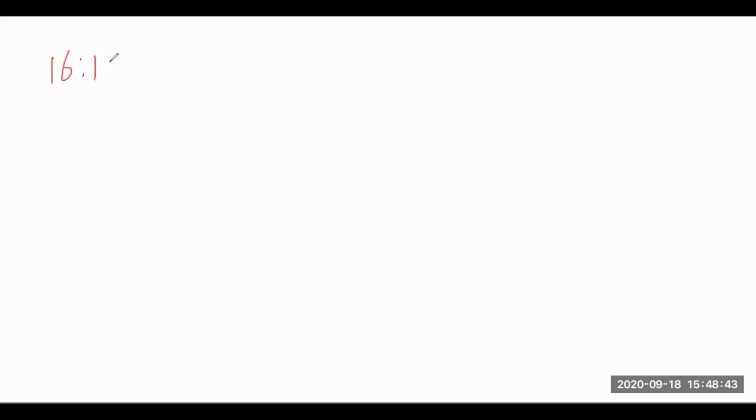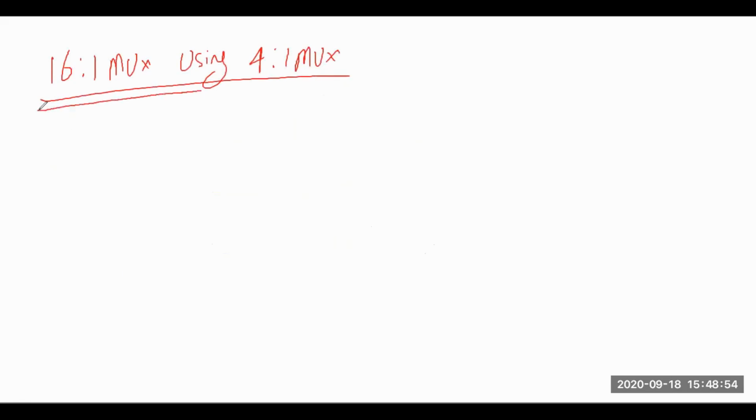So if I design a 16:1 mux using 4:1 mux. I'm doing this because I'm considering one case that in my experimental lab I have only 4:1 multiplexers, but for solving something I need a 16:1 multiplexer. And since I don't have a 16:1 multiplexer IC with me, I need to design that 16:1 multiplexer using 4:1 multiplexers.